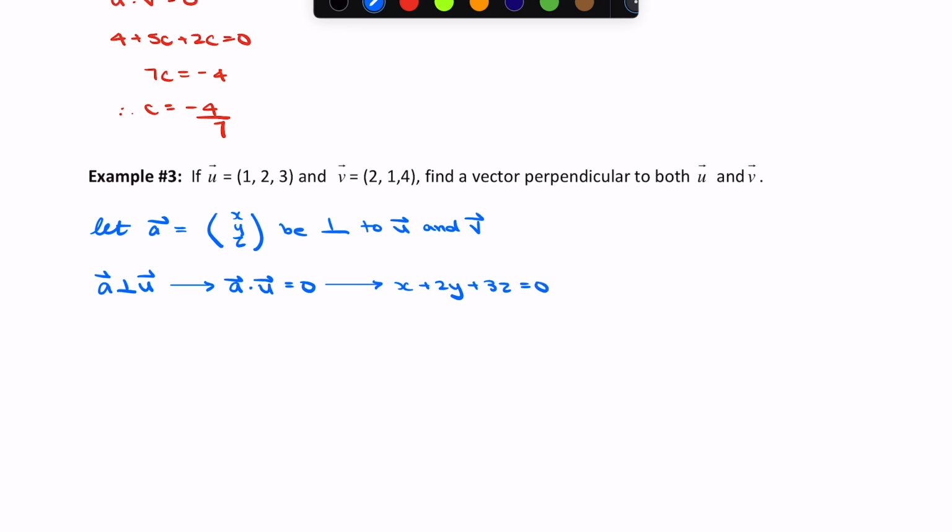Same thing. Again, vector a has to be perpendicular to vector v, which means that the dot product of a times v is equal to 0. This means that 2x plus y plus 4z is equal to 0.